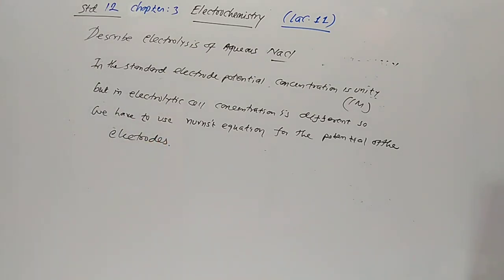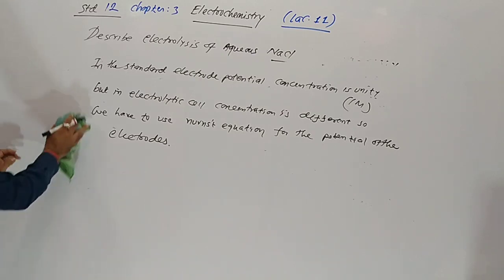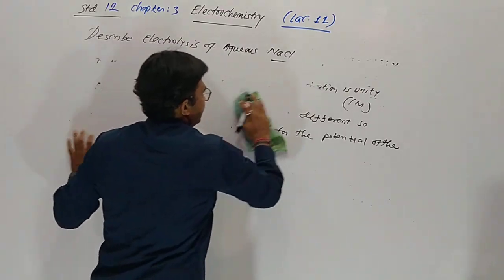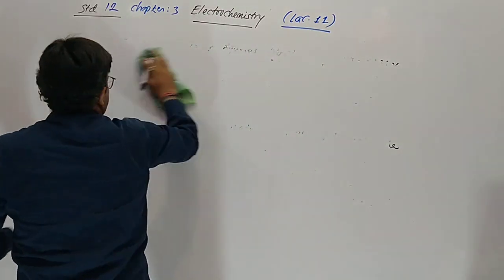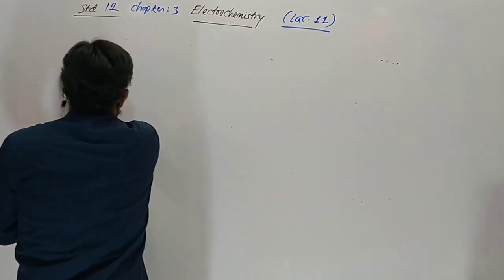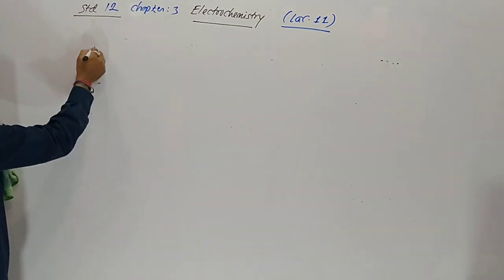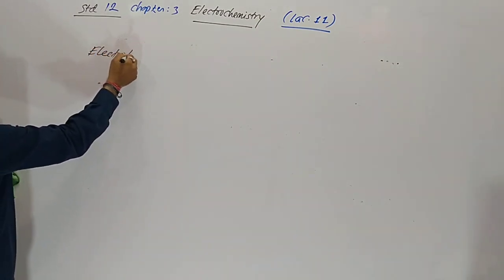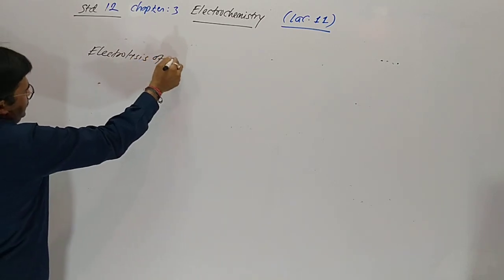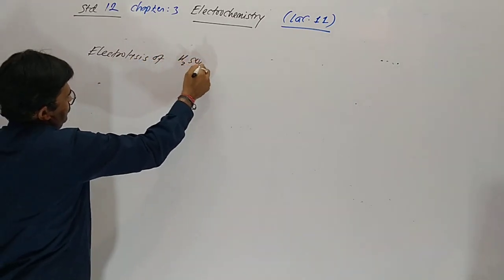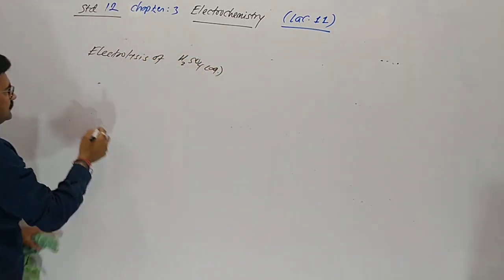During the electrolysis of sulfuric acid, fluorine process is possible at anode. Now, electrolysis of sulfuric acid. Electrolysis of aqueous sulfuric acid.